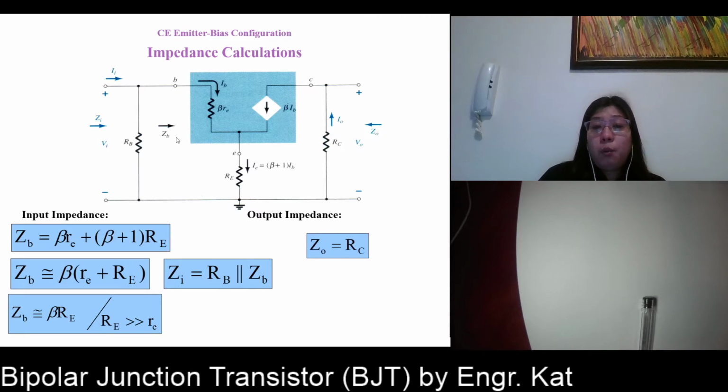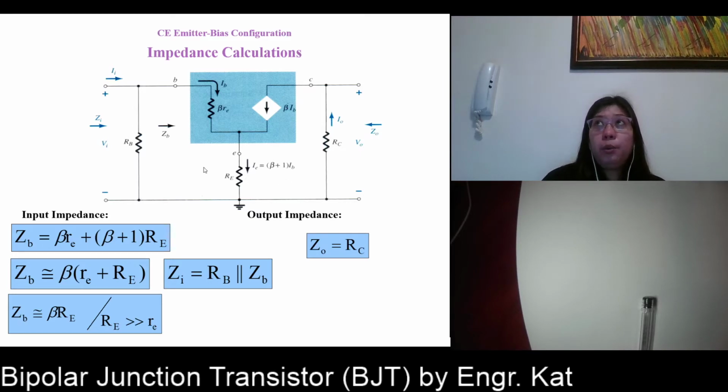For the Z, we have an additional parameter here, which is ZB, because this time beta RE is no longer your ZI. Rather, you have the inclusion of your RE here, wherein the current which flows across your RE is beta plus 1 multiplied by your IB.